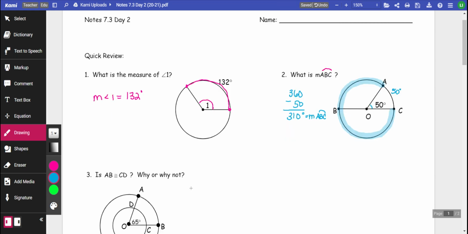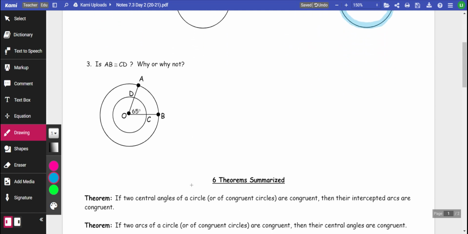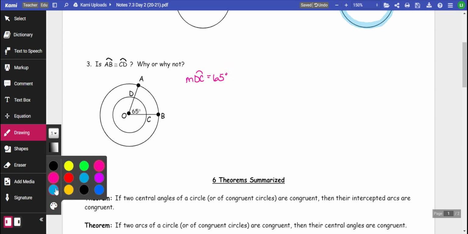Right, next, in number 3, I want to know, is arc AB congruent to arc CD? So remember, congruent means same length, same measure. If I have a central angle of 65 degrees, the measure of arc DC is 65 degrees. And the measure of arc AB is 65 degrees.